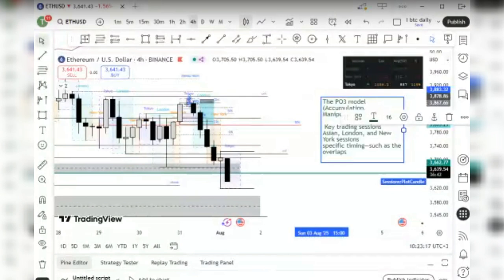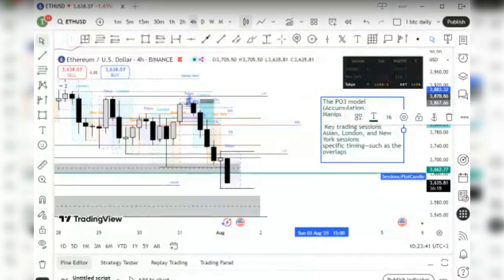Why don't you trade during manipulation? Because in this phase, the market temporarily breaks out of the established range in order to lure retail traders into false positions. This fake movement is often designed to trap traders and create liquidity, which is then used by institutional participants.